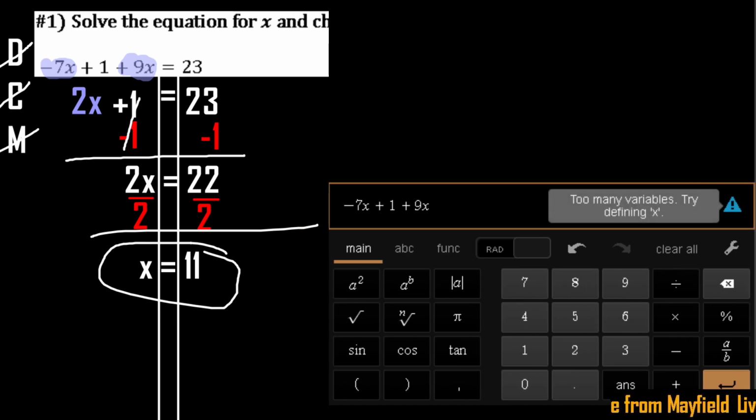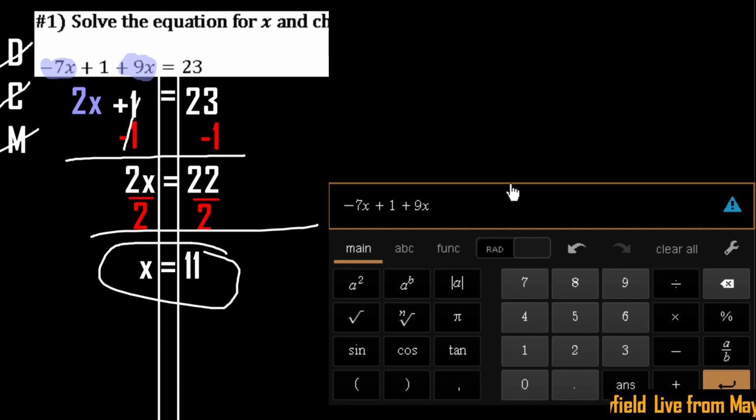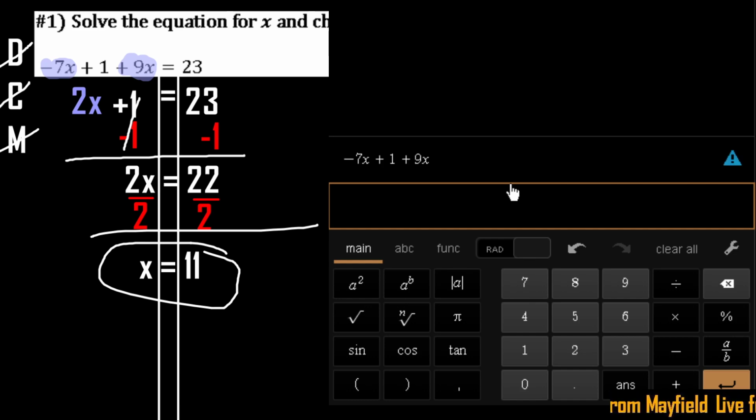It's saying you need to define what that variable is. And so that's where we type in our answer. Again, we don't hit equals right here because we're trying to figure out what this expression is. Well, we said, hey, I think x is 11. And since it does match our original equation, notice how this 23 is exactly what we're looking for. And so we know we are good.